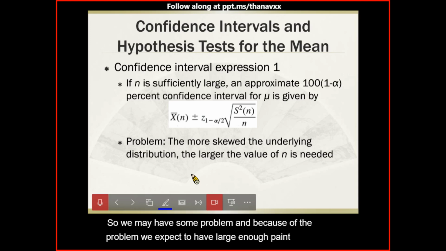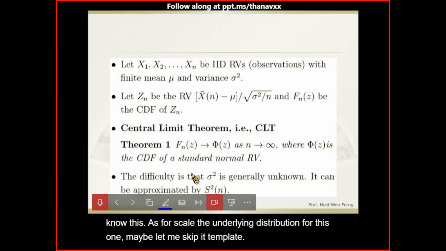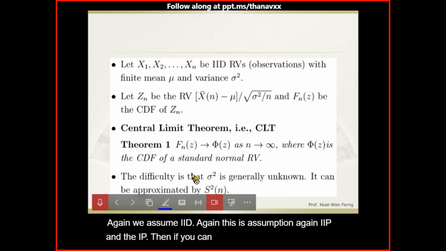As for the underlying distribution, for this one, maybe let me skip it temporarily. Well, again, we assume IID. Again, this is an assumption. With IID, you can use the concept of the central limit theorem.